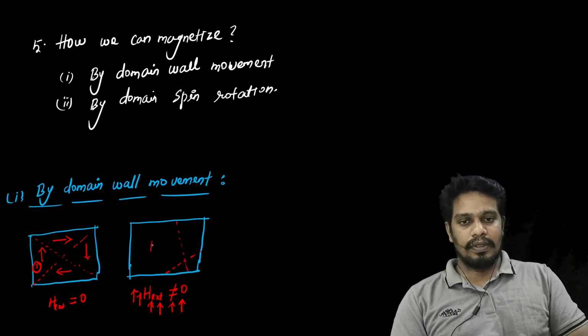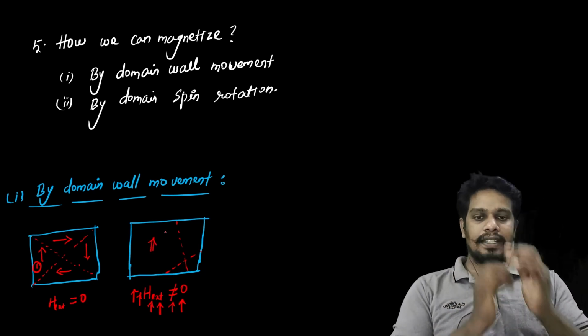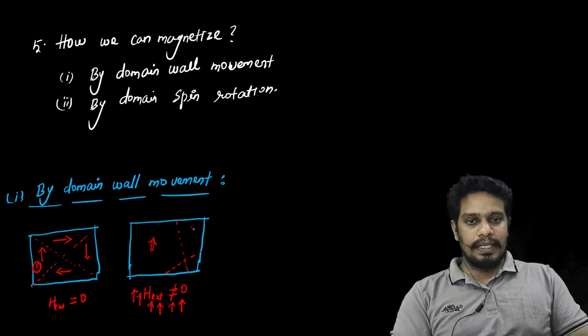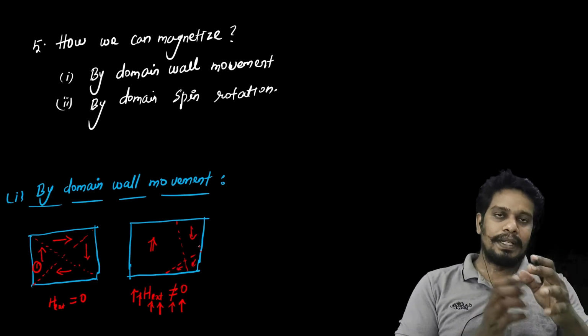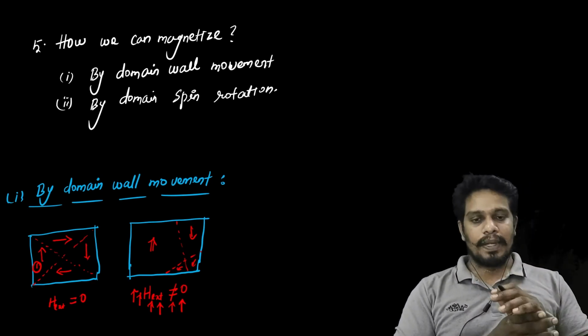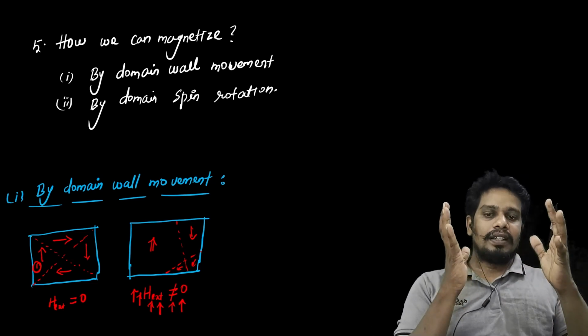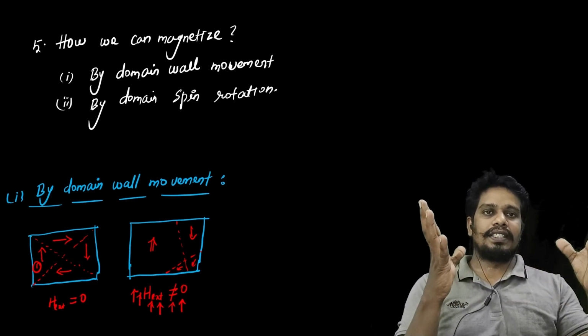This domain will be strongly magnetized along the external field. The other spins will be slightly displaced, slightly losing their alignment due to the domain wall movement. So only the parallel spin domain grows larger.